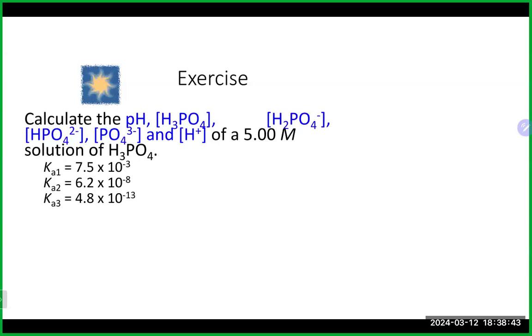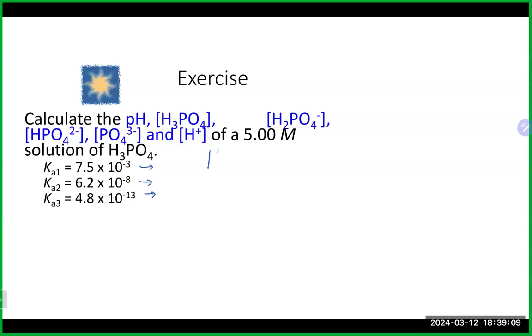All right, so we're going to basically find the concentration of everything as this phosphoric acid basically breaks apart. We have our Ka1, our Ka2, and our Ka3 value. Once again, as I wrote on the previous slide, our Ka1 for our first hydrogen that comes off, second and third hydrogen that comes off.